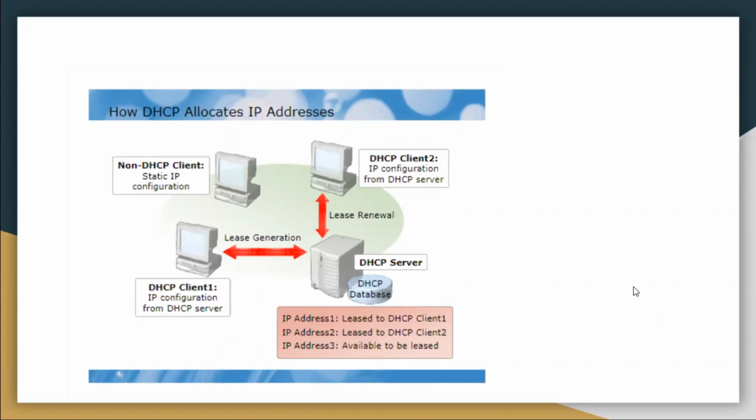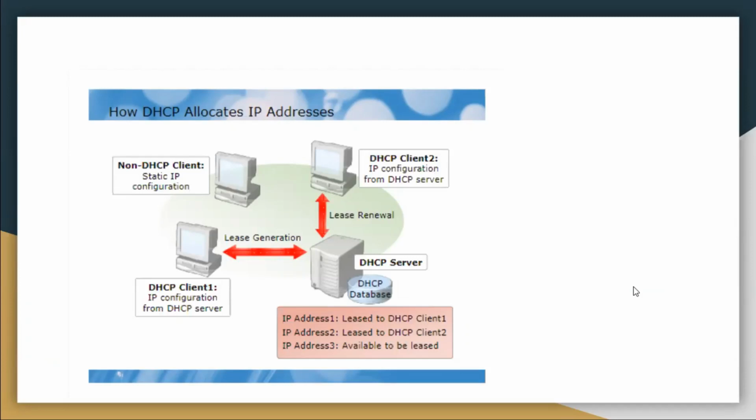The server then temporarily reserves the address for the client and sends back to the client an offer, or DHCP offer packet, with that address information. The server also configures the client's DNS server, the WINS server, or sometimes other services as well.